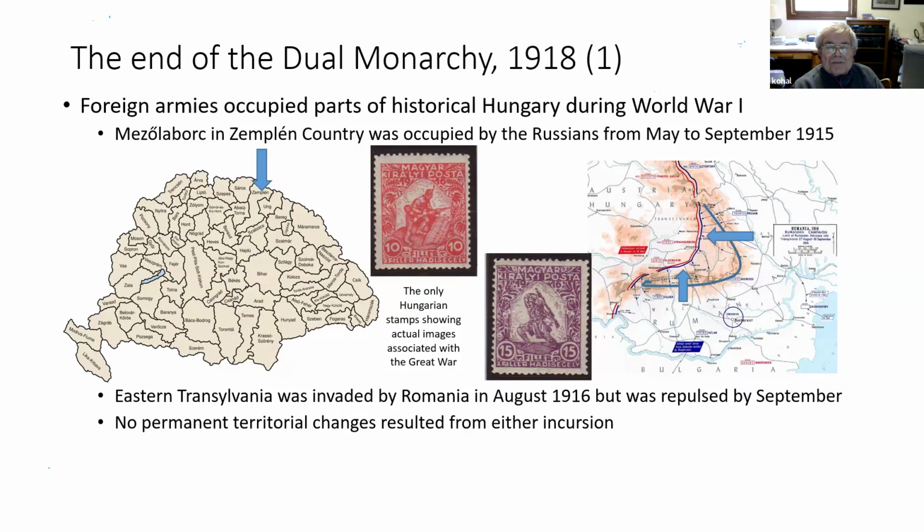But a concerted German Austro-Hungarian counteroffensive pushed them out by the next month. And after that, the Germans ended up defeating Romania and knocked them out of the war until the end of World War I. It is interesting that the Hungarian Post issued only 2 stamps that depicted war. These 2 semi-postals showed soldiers in battle.